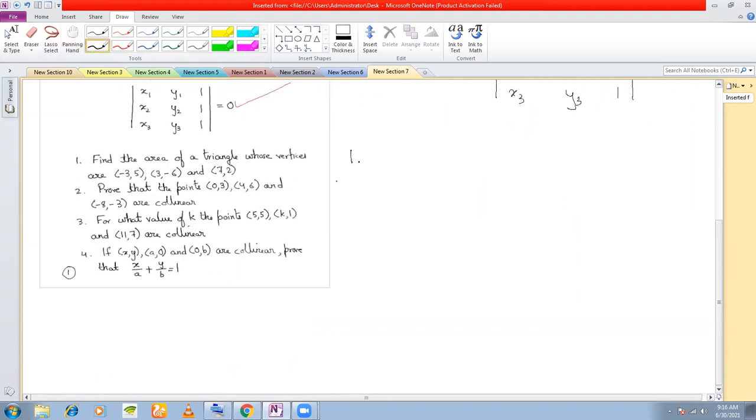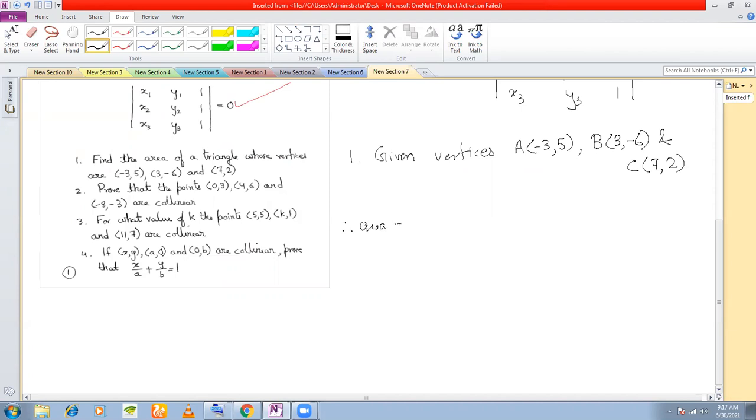Question number 1. Find the area of a triangle whose vertices are given. Given vertices here are, let's say A minus 3, 5. This is our x1, y1. B is x2, y2, 3, minus 6. And C here is 7, 2.